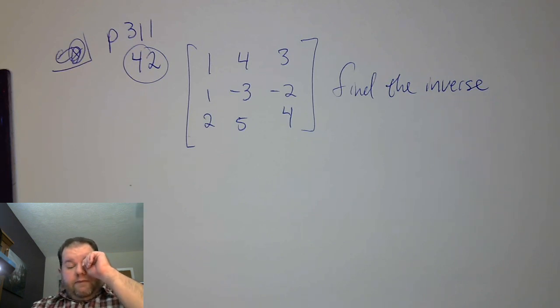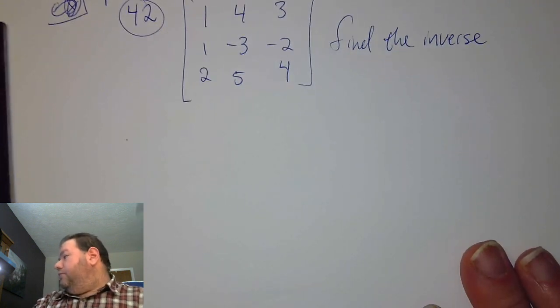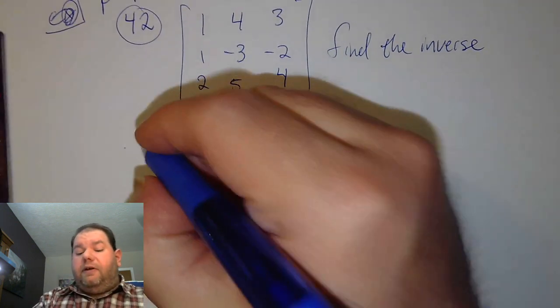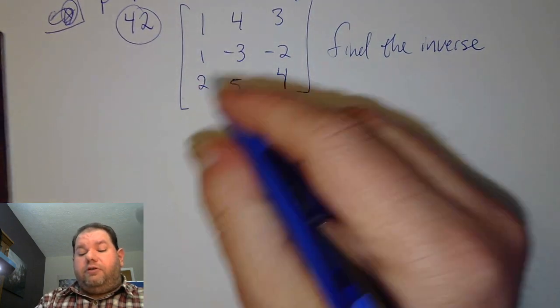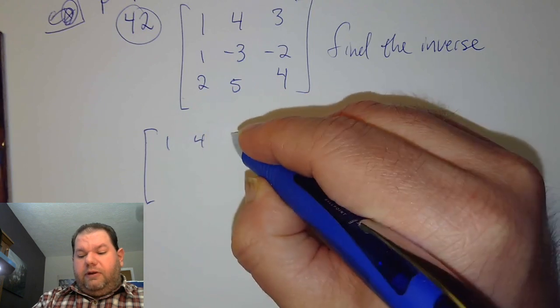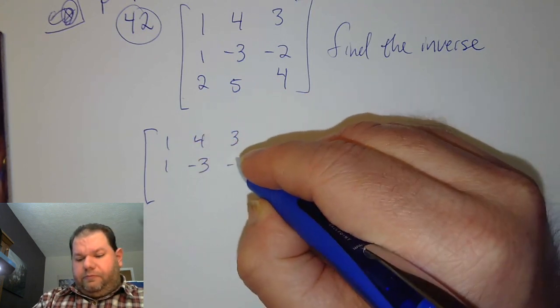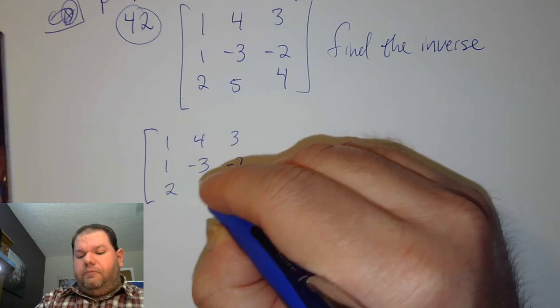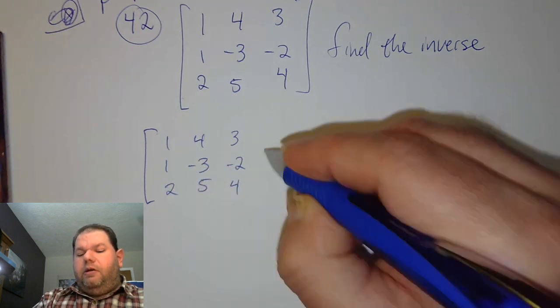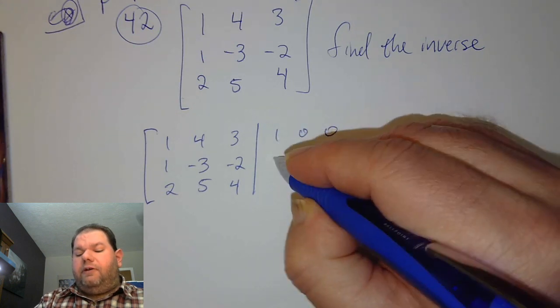So the goal here is to find the inverse of this matrix. The way that we set this up initially, and I won't draw it quite so large this time, is we take our original matrix and we augment it with the identity matrix.